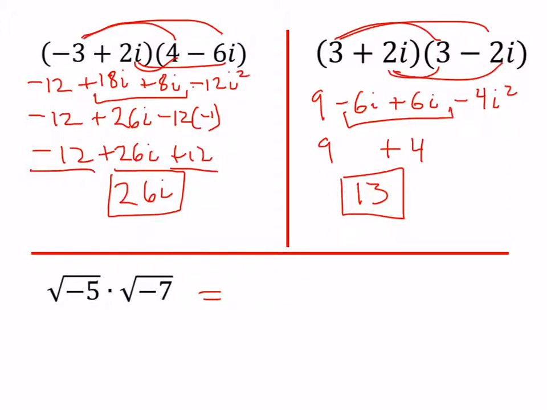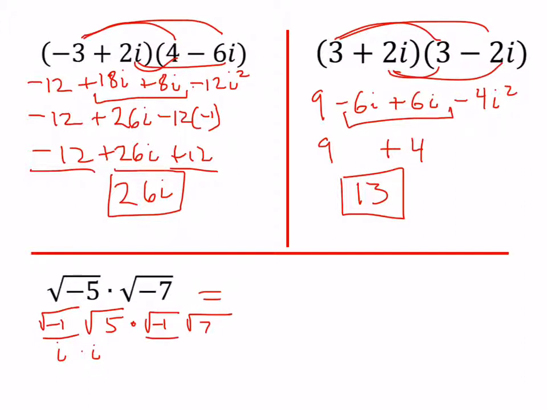So what we want to do is rewrite this as the square root of -1 times the square root of 5 times the square root of -1 times the square root of 7. And in this case, we have i times i.